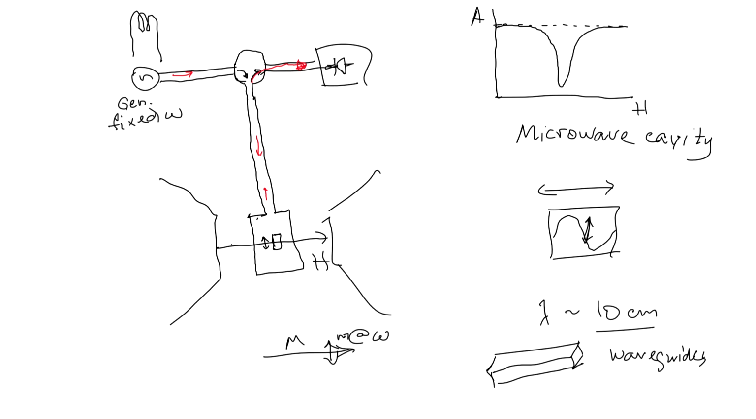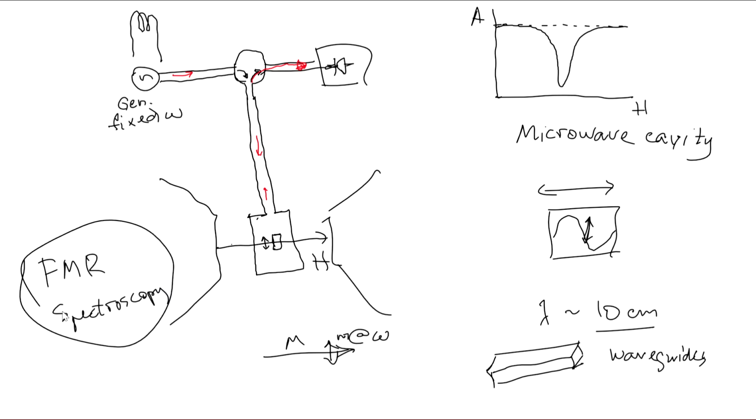Now in real life, this apparatus is called ferromagnetic resonance spectroscopy. This technique is FMR spectroscopy. Now this technique can be used not only for ferromagnetic materials, because as you remember, we also have paramagnets.